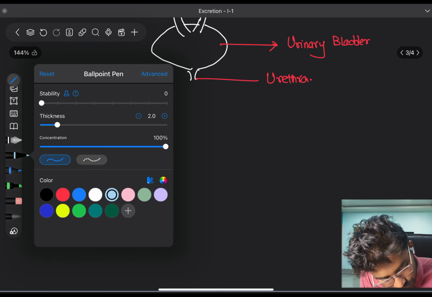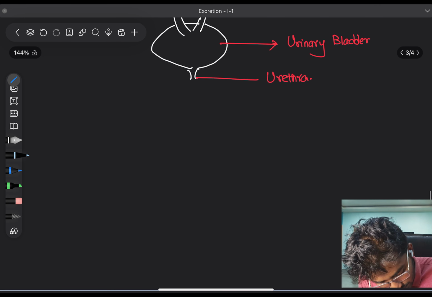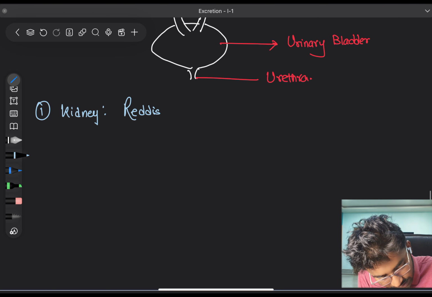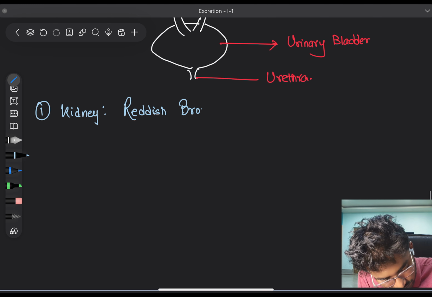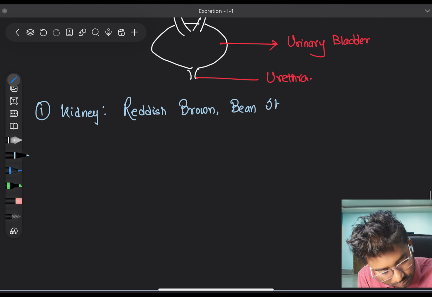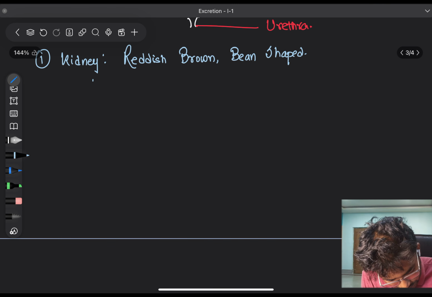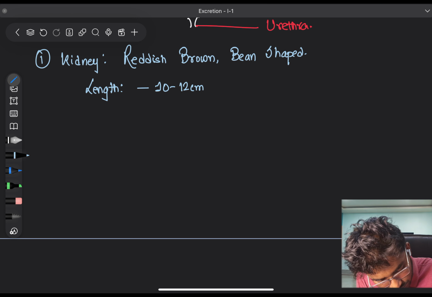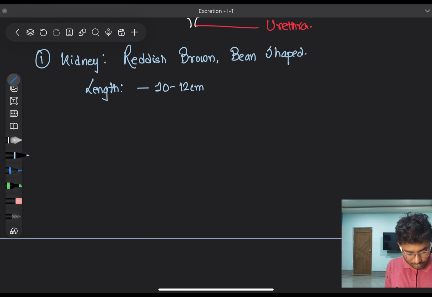Now, the kidney: reddish brown, bean shaped. Length 10 to 12 centimeters.